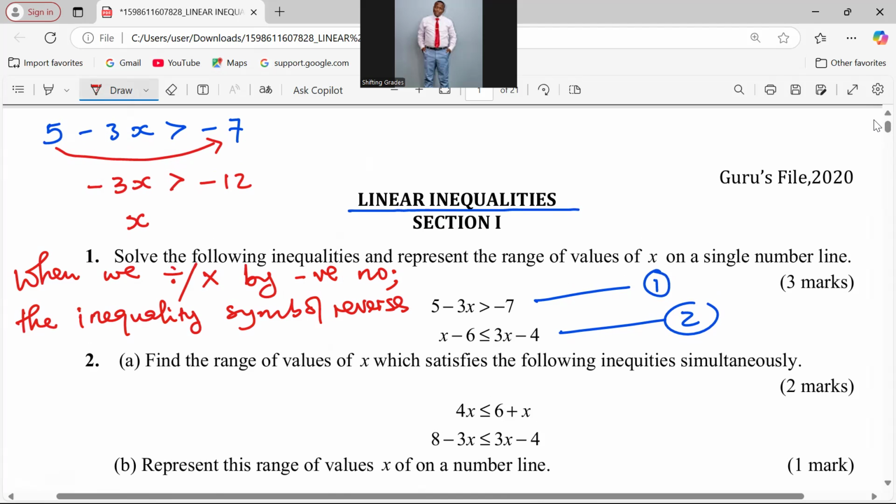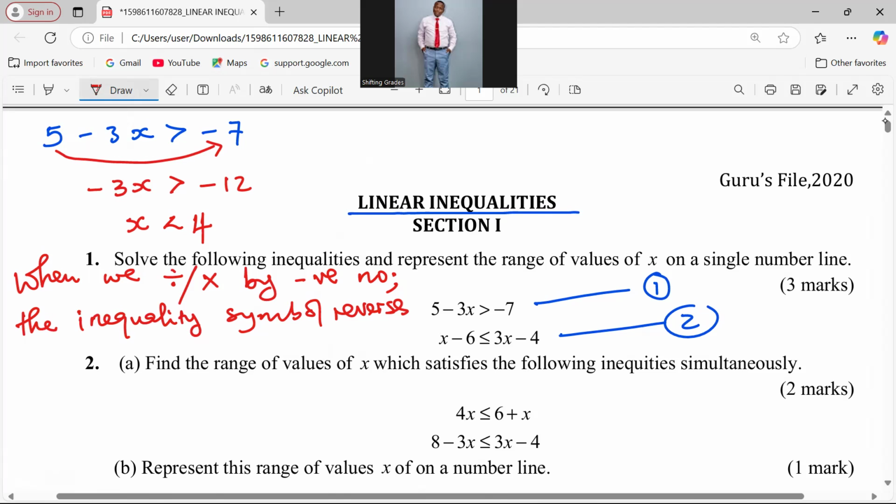So that is something you're supposed to know. So instead of greater than, now we shall have less than. And when negative 12 is divided by negative 3, we get 4. So this is the simplest form of the first inequality.